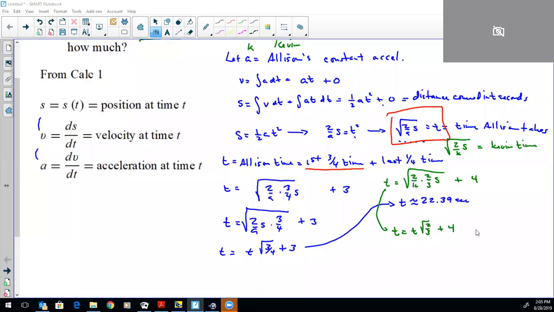Again, this is a very simple equation to solve. And when you solve that on the calculator, you get that Kevin's time is approximately 21.80. So Kevin's time is less.